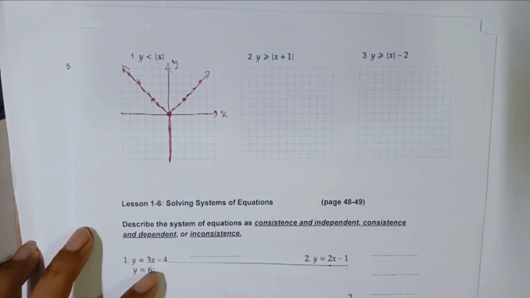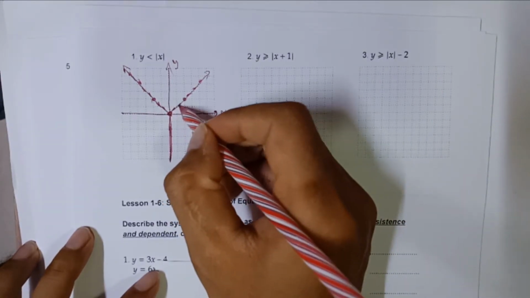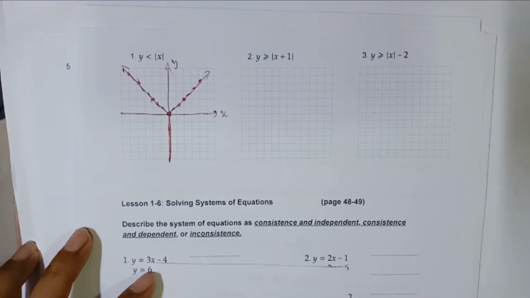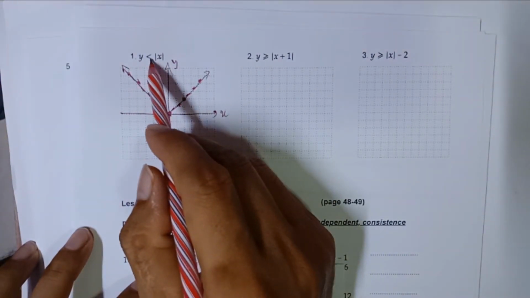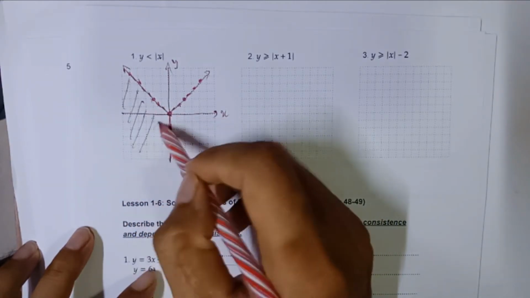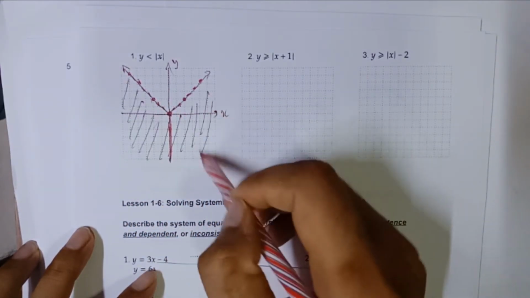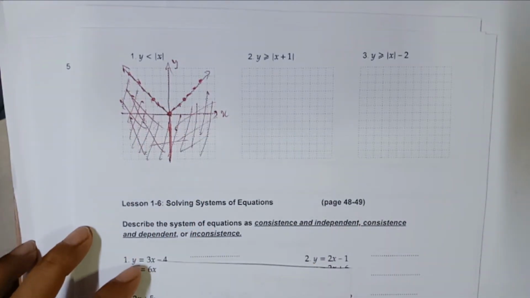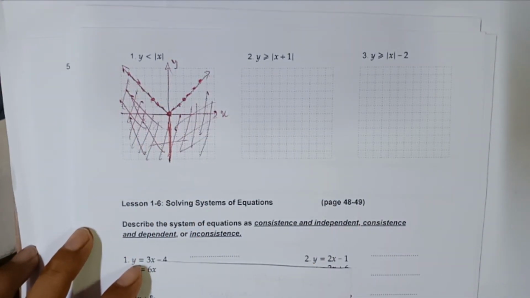Sorry, I forgot to tell you, and I forgot to look at the sign. So it's a dashed line, and this one is less than, so you shade below the line. This is the area of our shading, the solution, the shade below the line. And obviously this other one you will shade above the line.